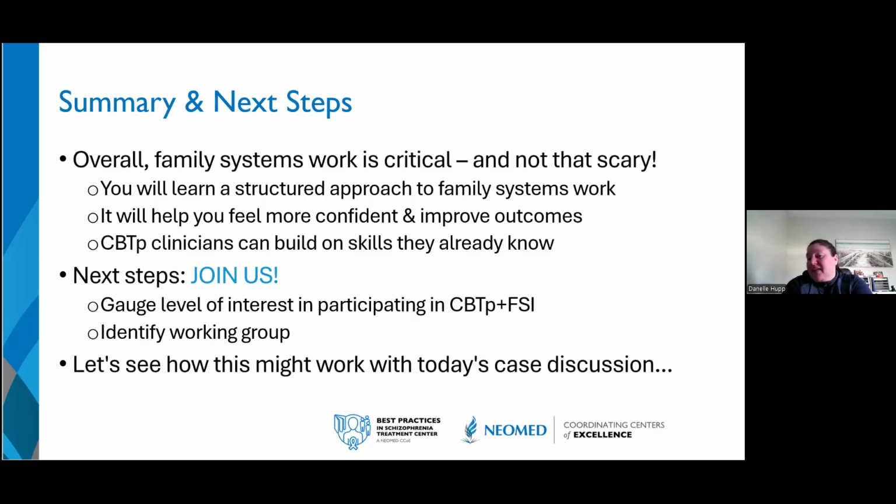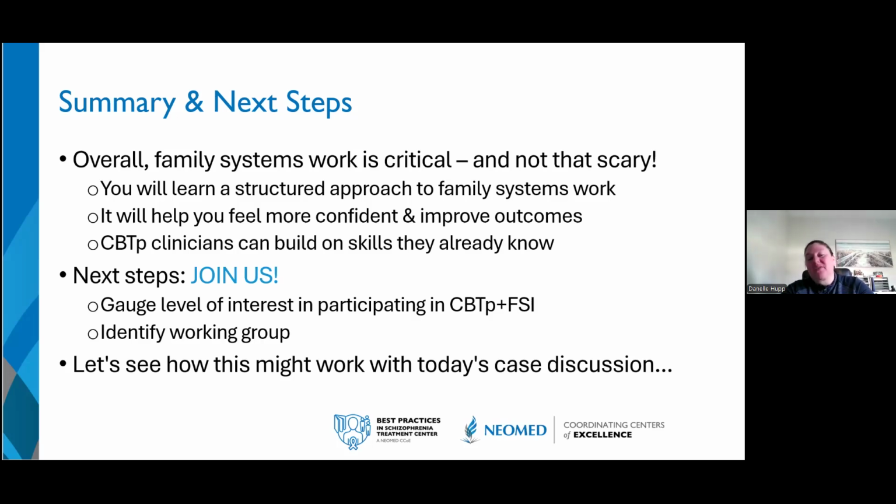So what we're hoping for, as some of our next steps, is really that you'd start to learn this structured approach to offer family systems as a piece of the puzzle in the work that you do, to help you feel more confident and comfortable in doing this work, which we know, based on years of literature since the 80s, that outcomes can improve.